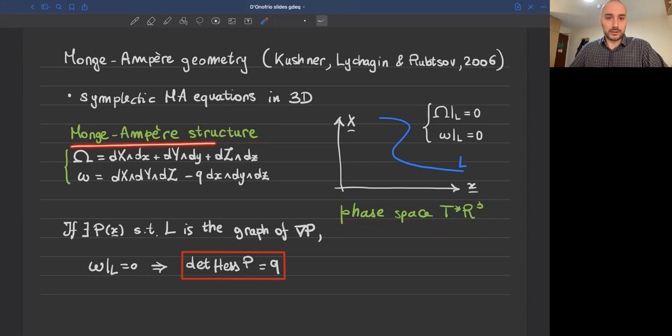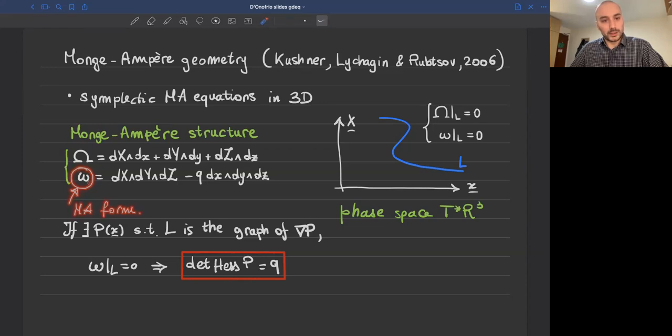A Monge-Ampère structure is made of a couple of differential forms: a symplectic form, and we take the standard one, and what we call a Monge-Ampère form.